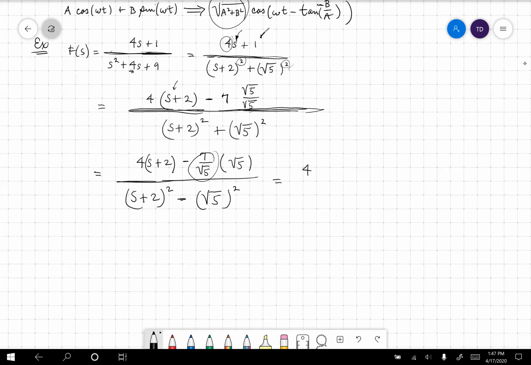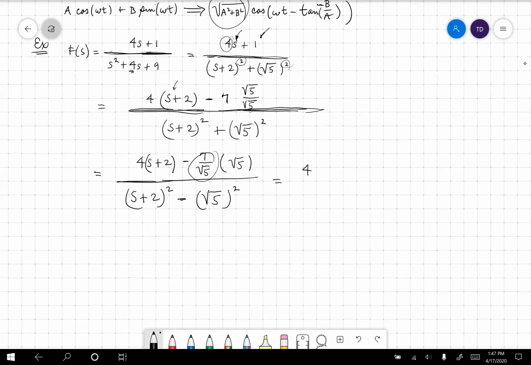So it's 4 times (s plus 2) over (s plus 2) squared plus root 5 squared, minus 7 root 5 over 5 times square root of 5 over (s plus 2) squared plus root 5 squared. I wrote minus here, that's a plus. Beautiful, we're all set.